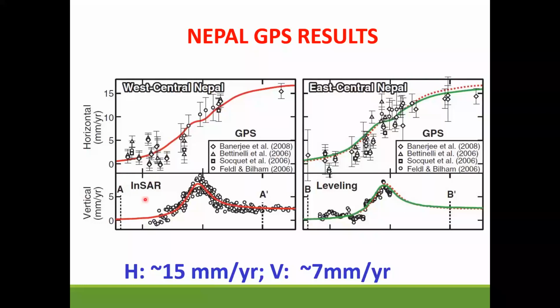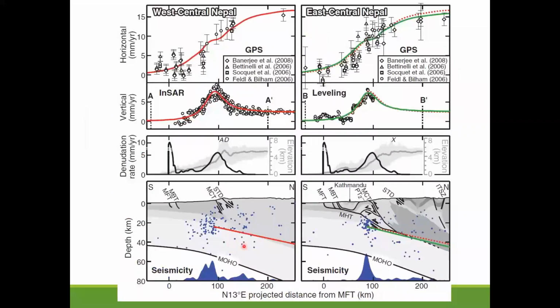InSAR is one method, GPS is another method, leveling is another way of doing that, and they all seem to be pointing to the same thing. And so if you match it with what's happening in the wedge, the part which is seismically most active, the one which I showed you earlier, that's the part which is also uplifting most.